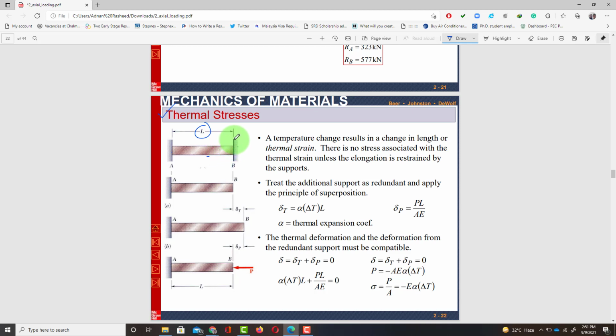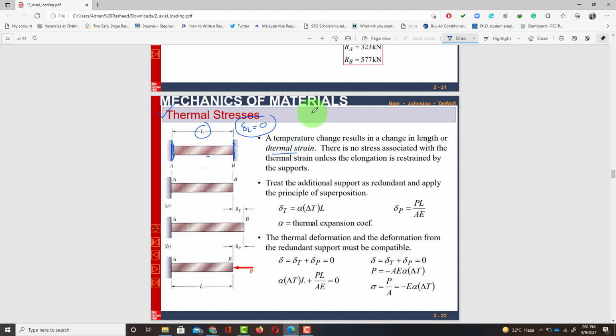But we have restricted it from elongation. We have a support over here. So in this scenario, change in length will be equal to 0. Why is change in length equal to 0? Because we have restricted, we have restrained it.